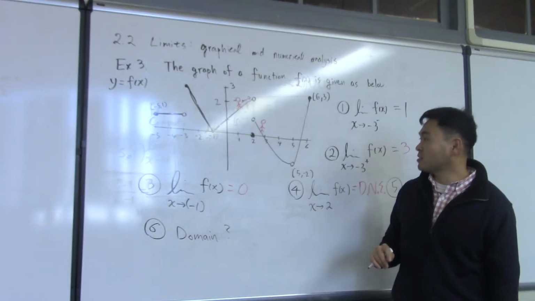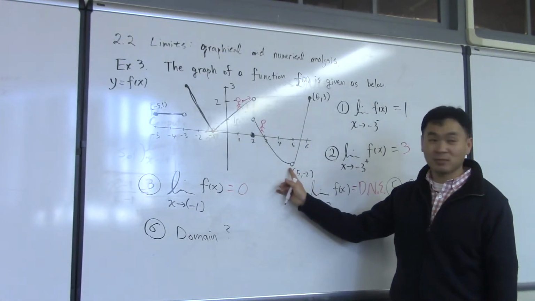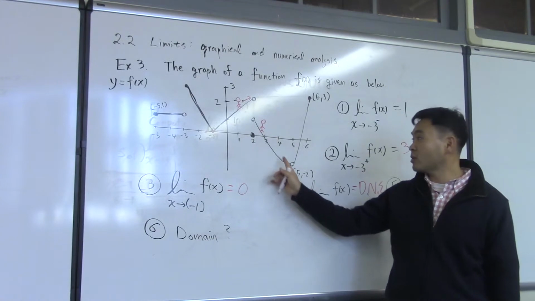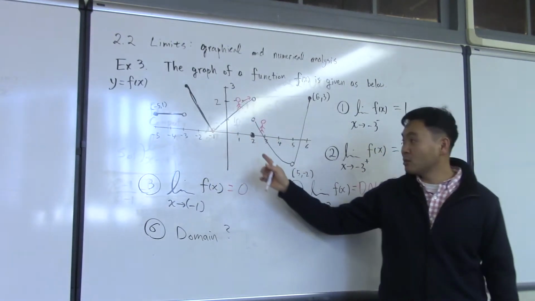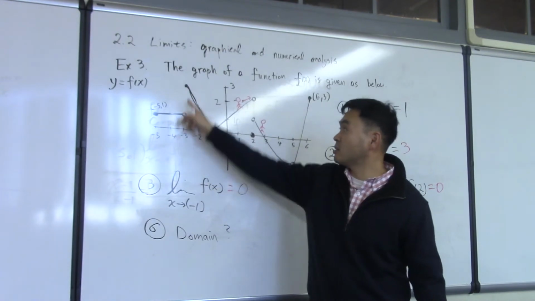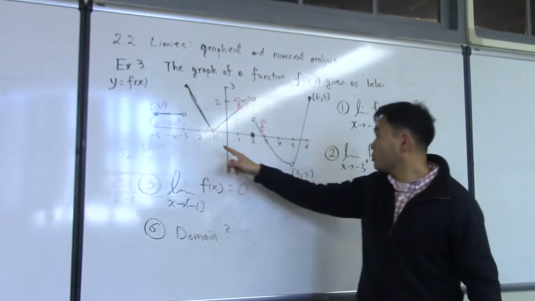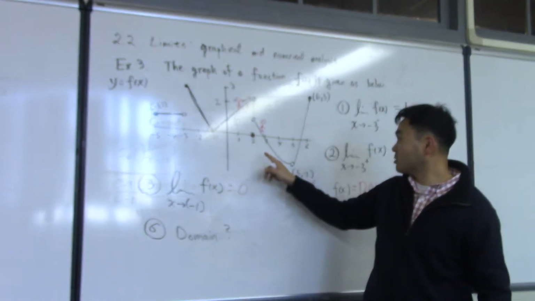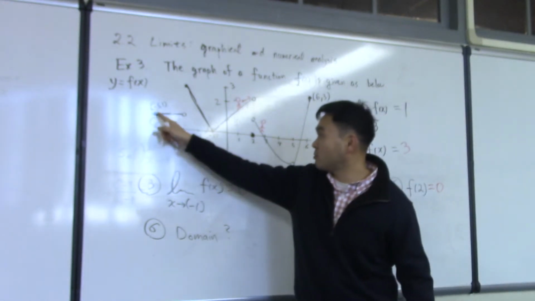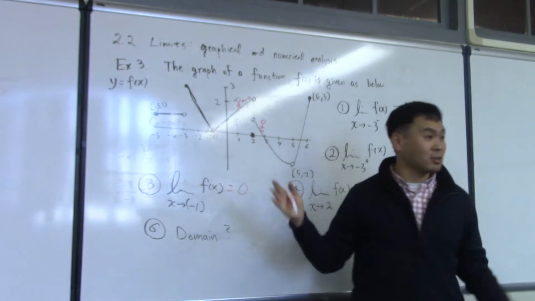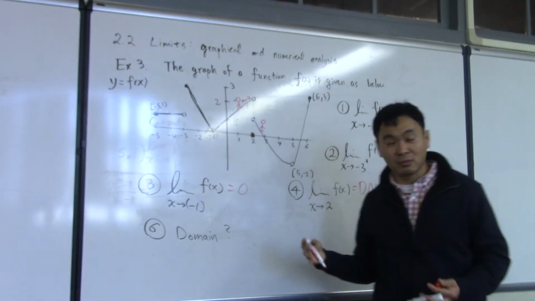The only place it's not defined is at 5. Everywhere else, you can take the value of the function without any problem, right? For example, what's f of -3? 3, right? What's f of 2? It's 0. What's f of 6? 3. F of -5? 1. So we don't have any trouble in evaluating the function, right?